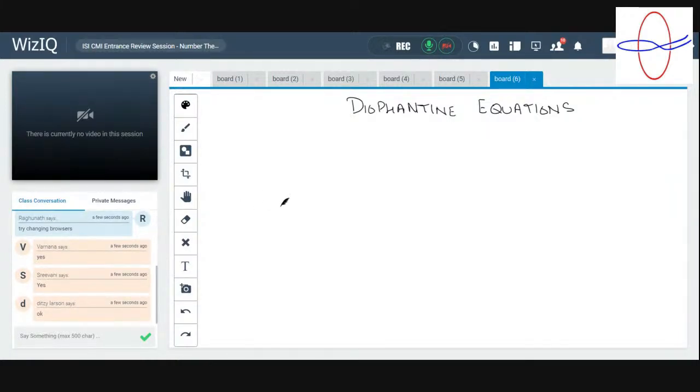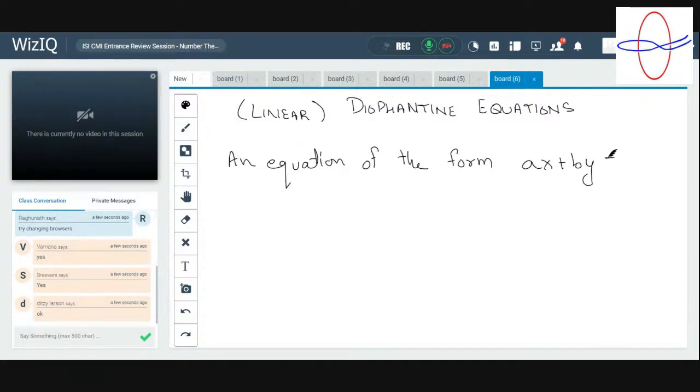Okay, Diophantine equations. And we only need to worry about the linear situation. So the equation that we are concerned with is an equation of the form ax plus by is equal to c.